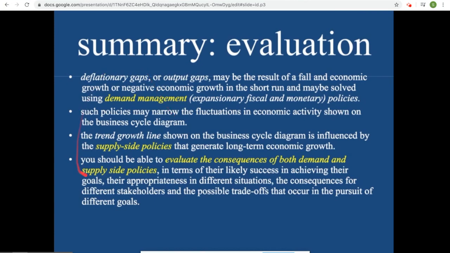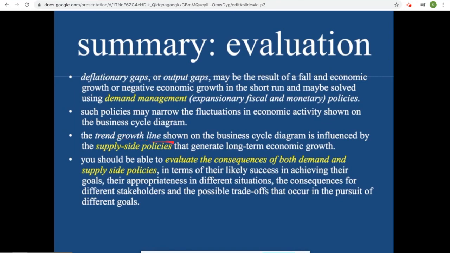This is really good for your commentaries as well, because if you have an article where you're looking at a deflationary gap or an output gap or negative economic growth, then you're talking about demand management or expansionary fiscal and monetary policies, and they may narrow the fluctuations in economic activity, which is shown on the business cycle diagram. So you can always use a business cycle diagram in your commentary as well.